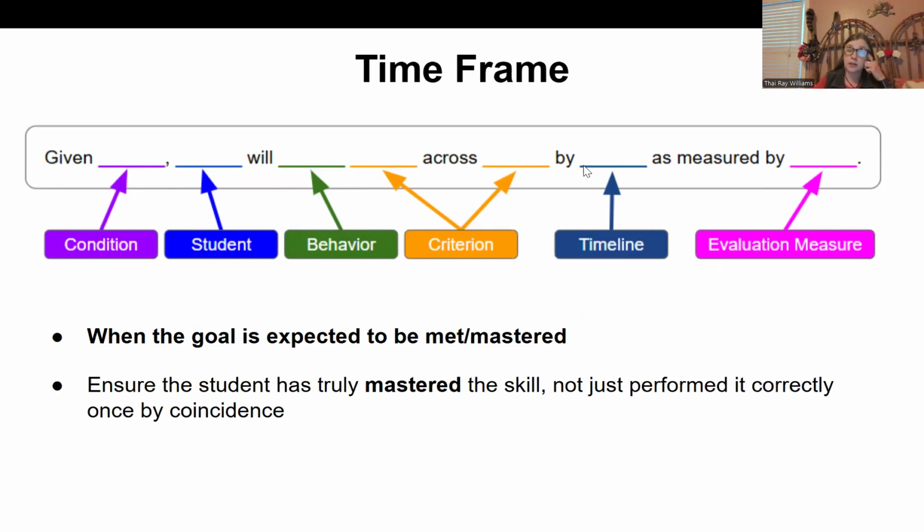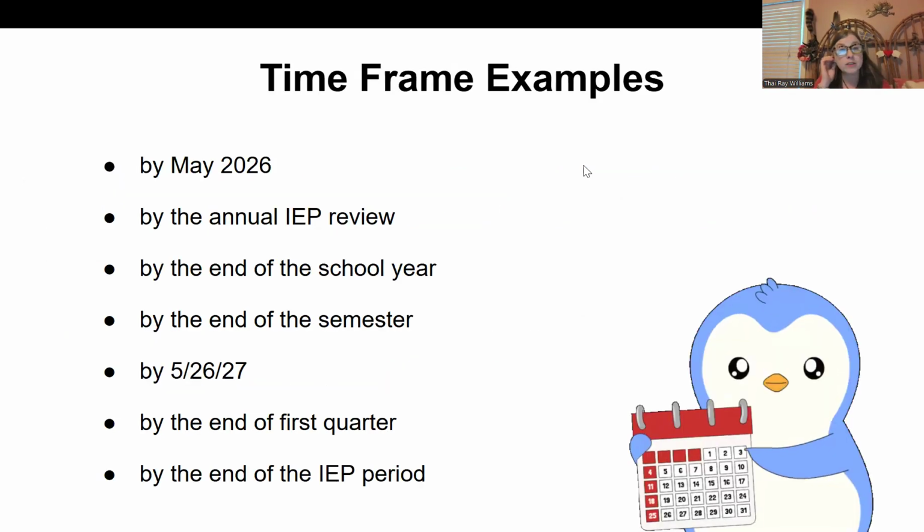And so one thing that you want to make sure is that you want to ensure that students have truly mastered the skill. They didn't just perform it correctly one time, because that could be by coincidence. So that's why we need to progress monitor, and we're going to progress monitor across that time. So here are some examples of time frames. This one is really easy.